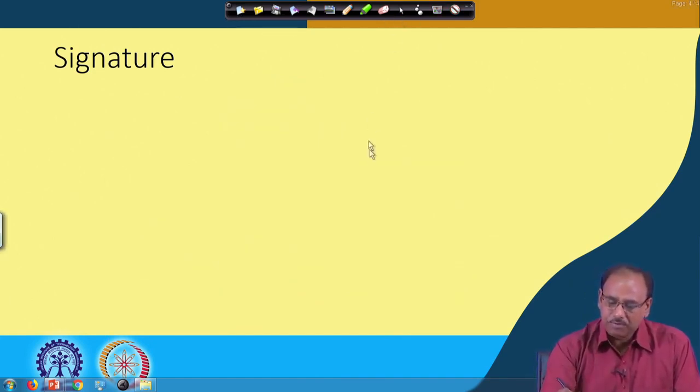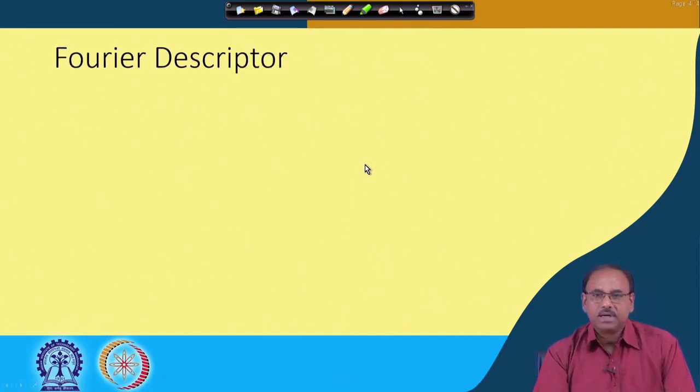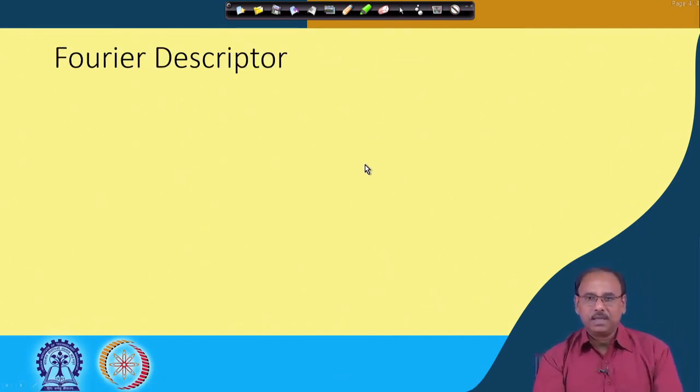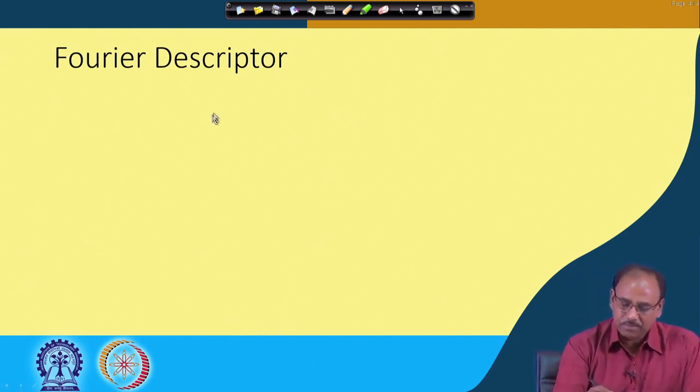The next type of features that we can obtain is what is known as Fourier descriptor. So, to obtain the Fourier descriptor, I hope all of you know what is a Fourier transformation or Fourier coefficients. To obtain Fourier descriptor, I represent the boundary points, the points on the boundary, as a sequence of say complex numbers. Let us see how we do it.